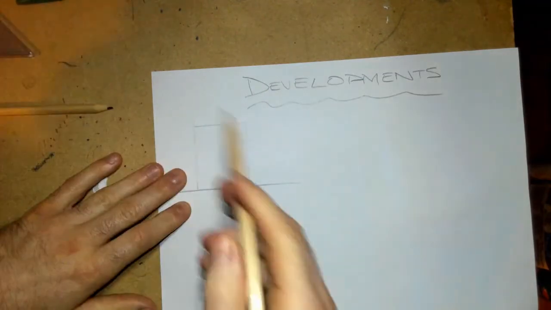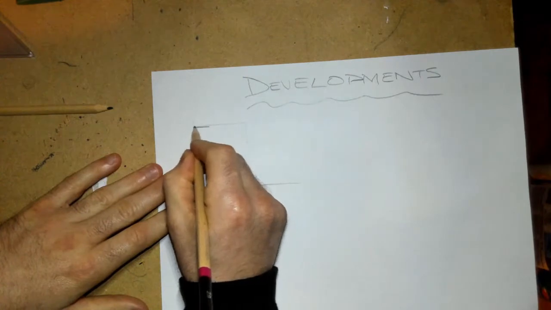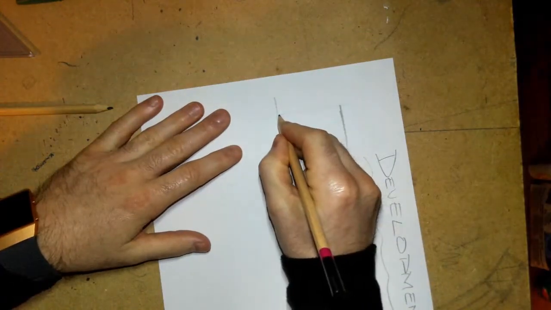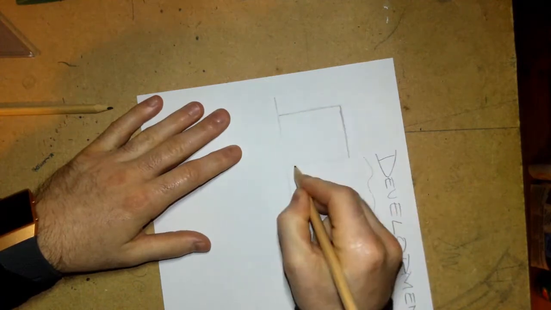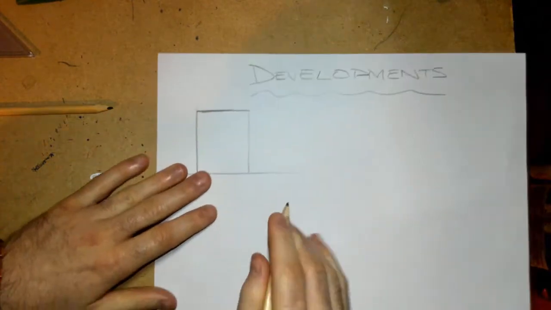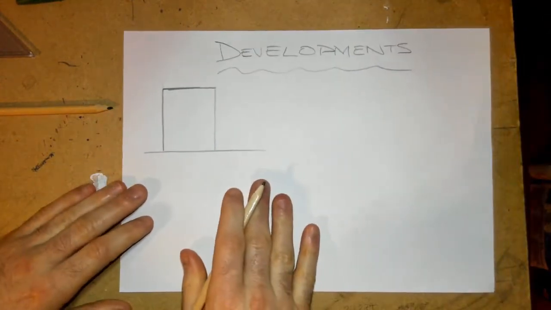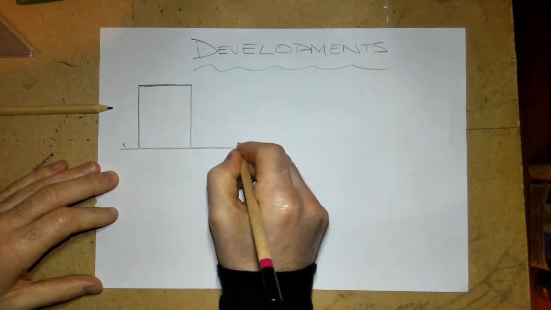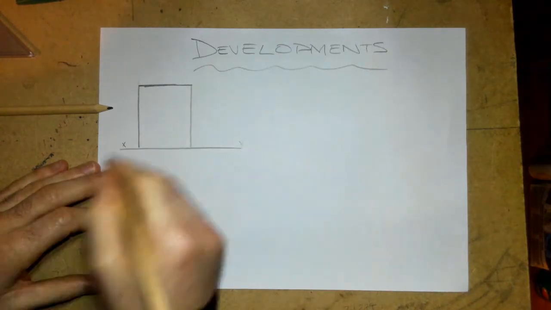Just going to go over that now, a little bit heavier. And that there will be my elevation view. Okay, this is my XY line. Hope you can see that a little bit, the light is a bit bright there, but there is my XY line. Okay, and that there is my elevation view.